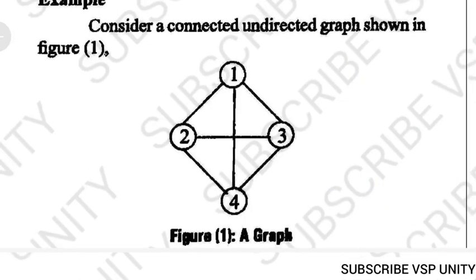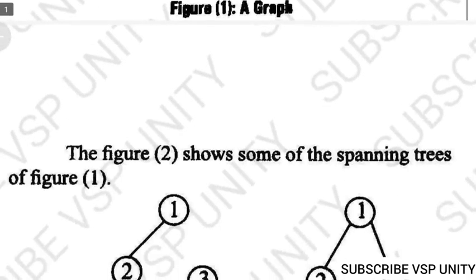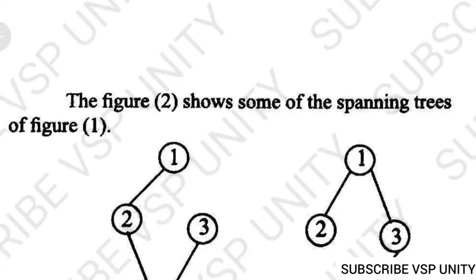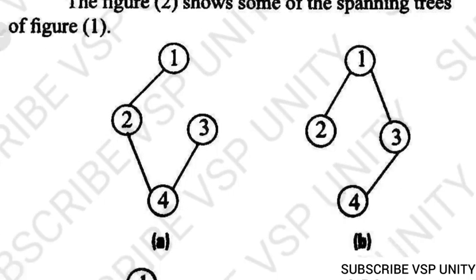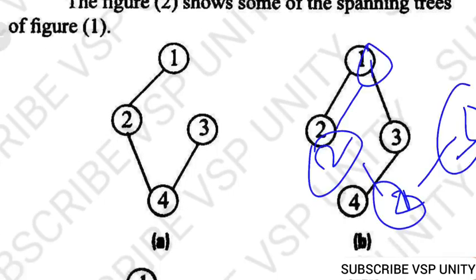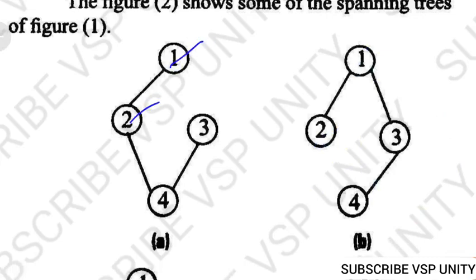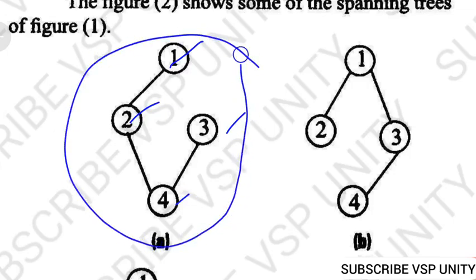When we have this kind of vertices and edges in a graph and take a spanning tree from it, see in the first one I have all the vertices 1 2 3 4, but I do not have the edge between 1 to 4 and 1 to 3. Even if you take any one of them, it will form a cycle, but we are not taking that in order to form a tree. In the same way, we go for the second one.